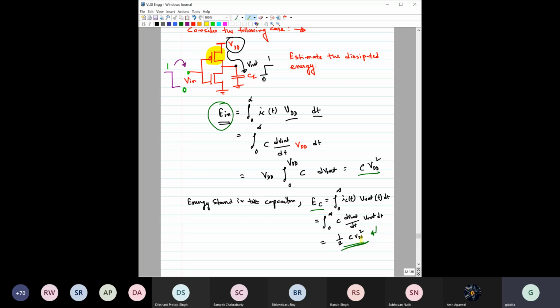This half C VDD square amount of energy will also get dissipated, but this time it will be dissipated across this NMOS, right? So you can clearly see half of the energy is lost here, half of the energy is lost here.